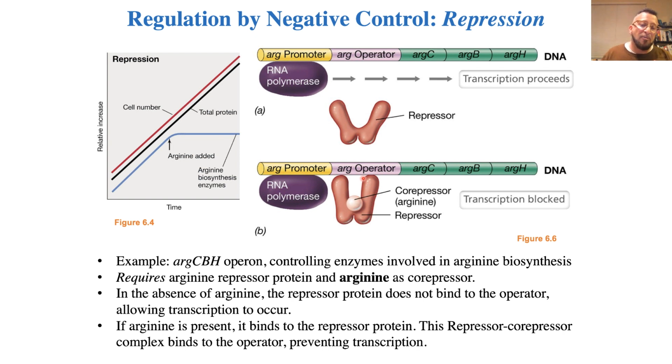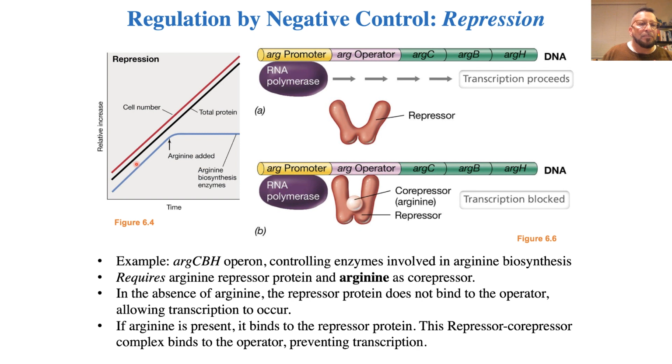The binding of that co-repressor-repressor dimer inhibits the RNA polymerase, and therefore transcription is blocked. So we have repressed the expression of the arginine operon.